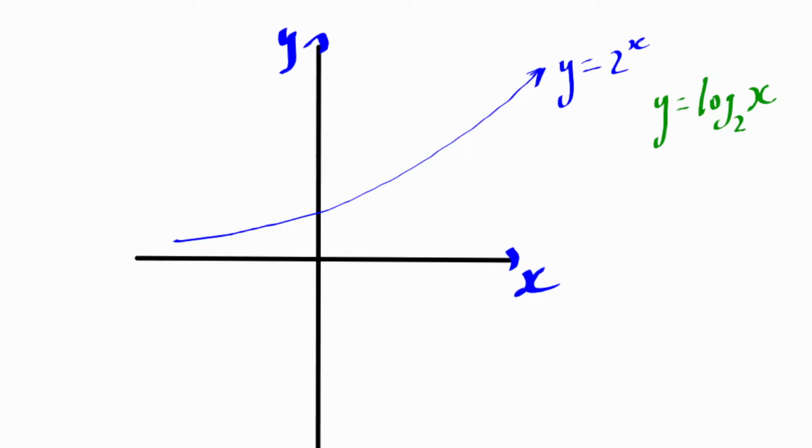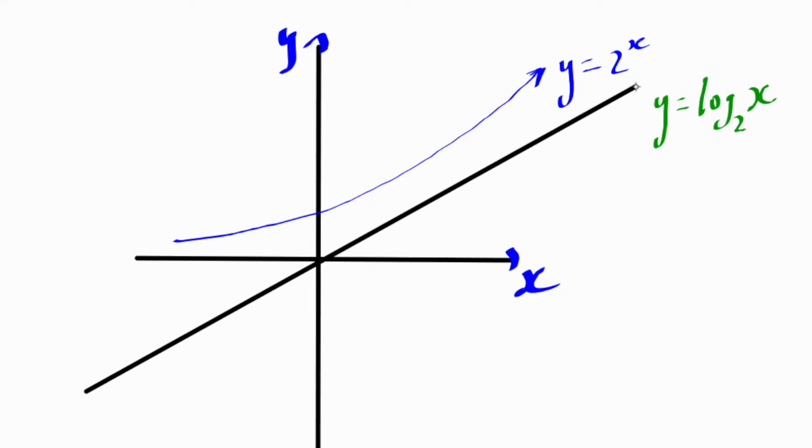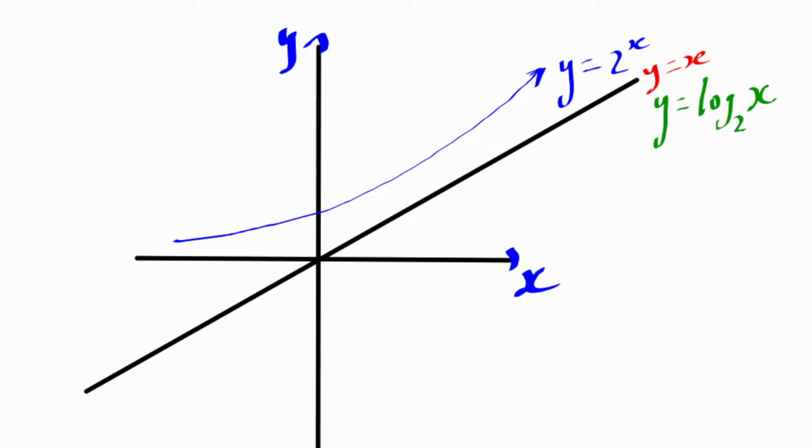Now, if I sketch log x base 2, the theory says I'm essentially reflecting this blue graph around the line y equals x. Remember, this one here is the line y equals x. This is what explained why we have to do the switching.